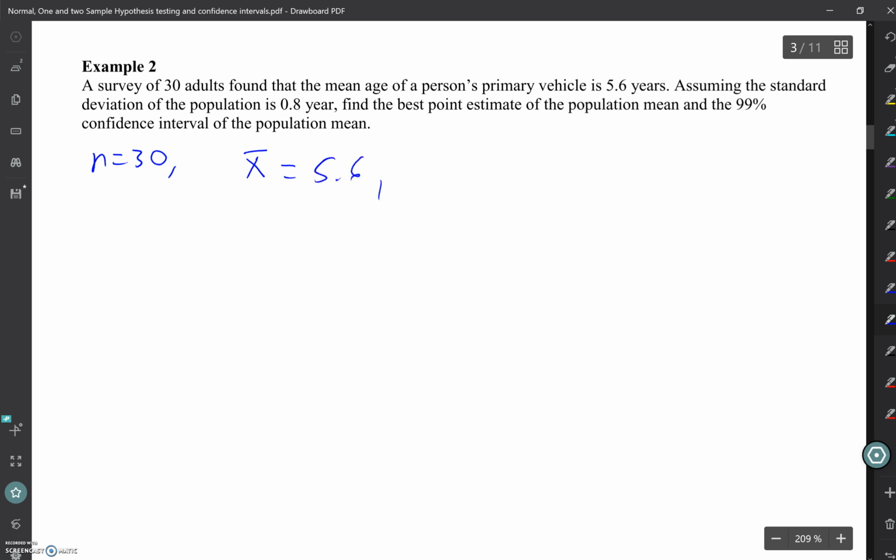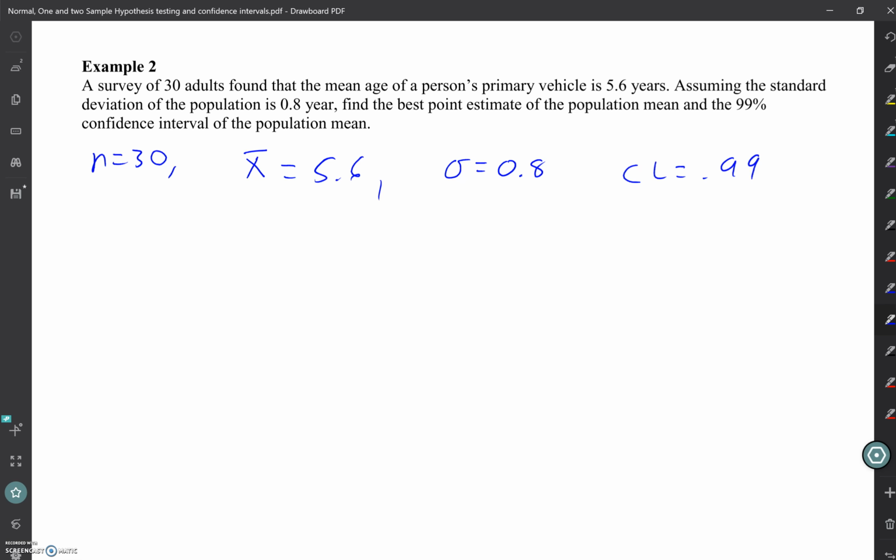And what else can we identify? The standard deviation, so 0.8. And we can identify our confidence level. We want to be 99% confident. All right. What's the best point estimate?